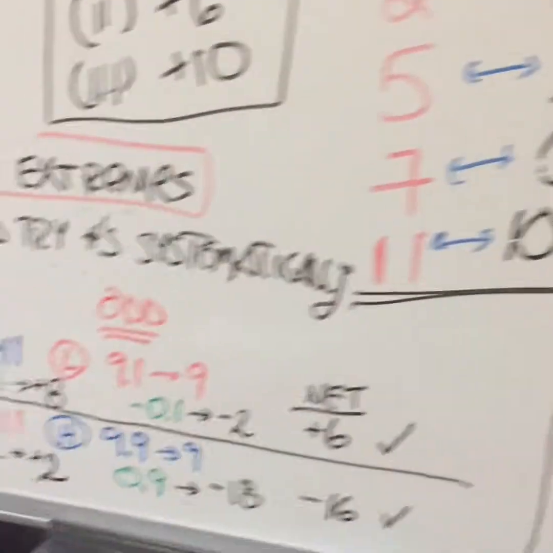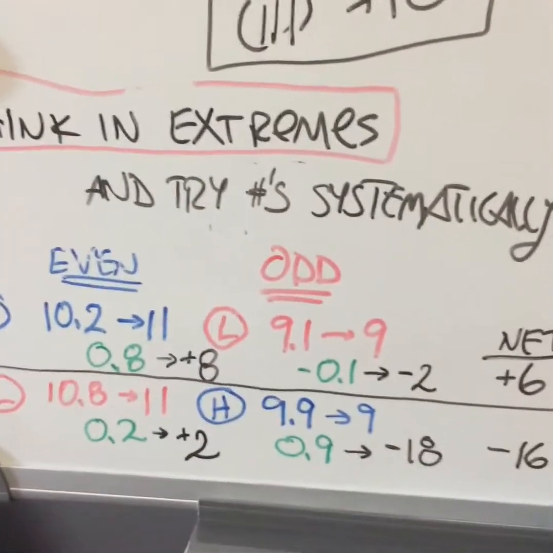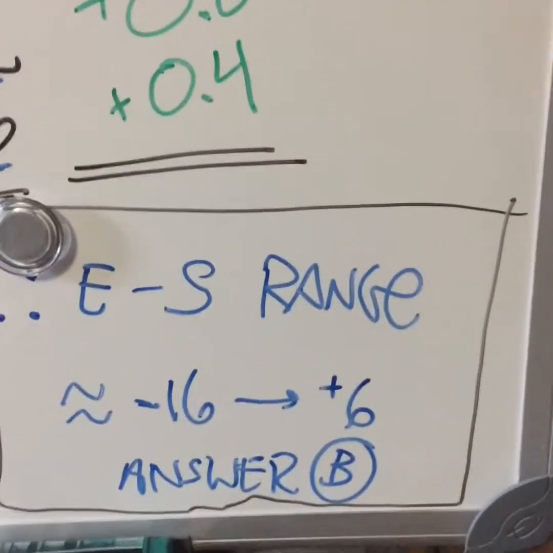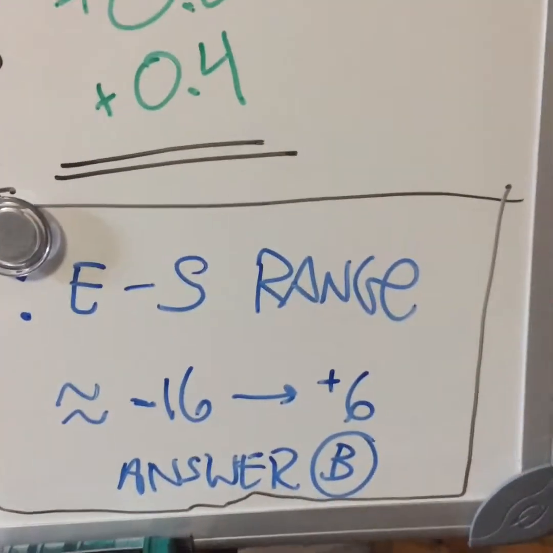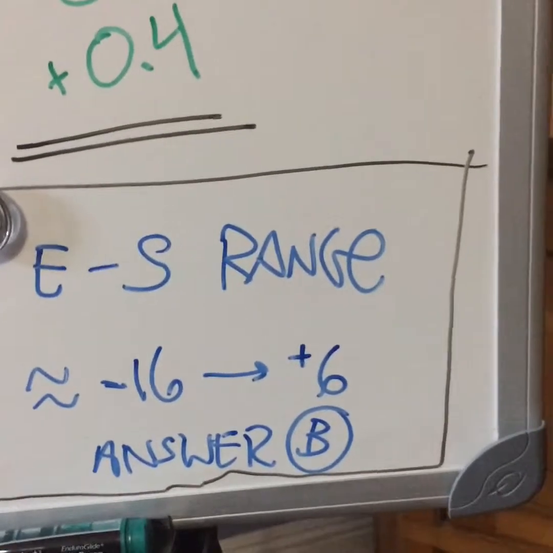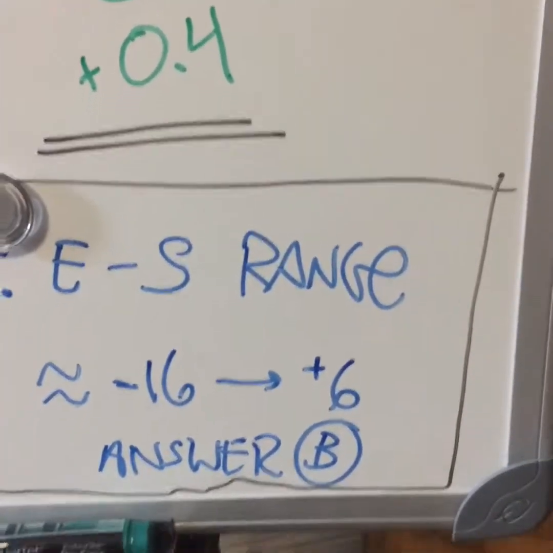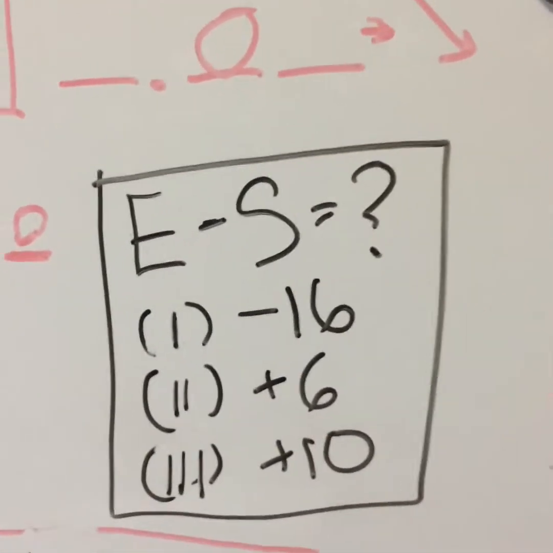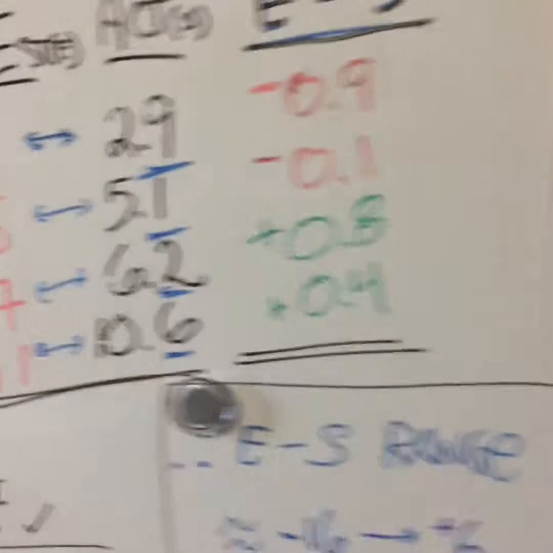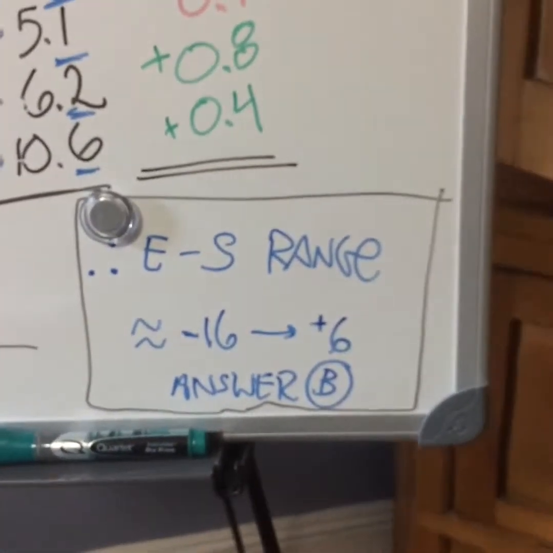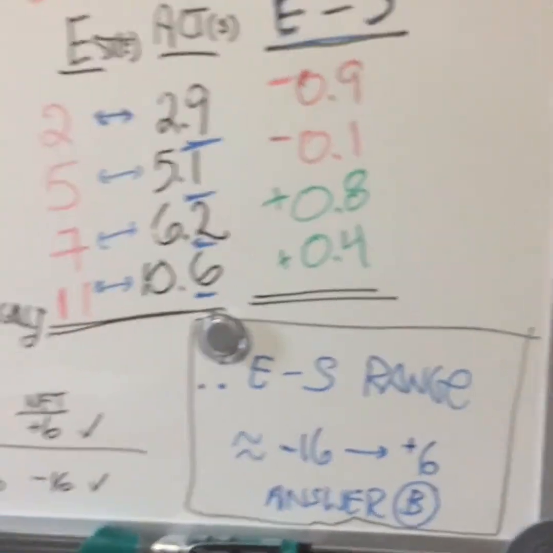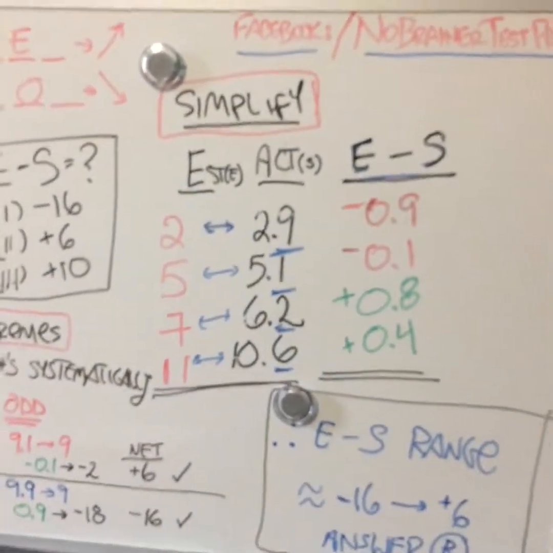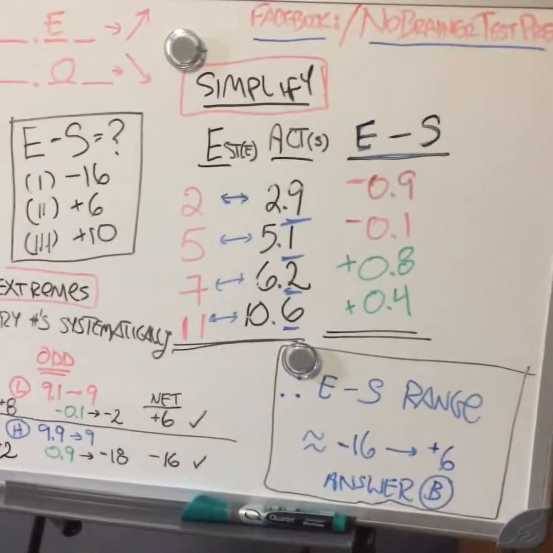Because we tried numbers systematically in their extremes, we're able to visualize what that range could look like. Anything between minus 16 and plus 6 is basically fair game, which means that plus 10, the third possibility here, is out of bounds. Therefore, the answer is B. Numbers 1 and 2 are possible values of E minus S, and that's the solution.